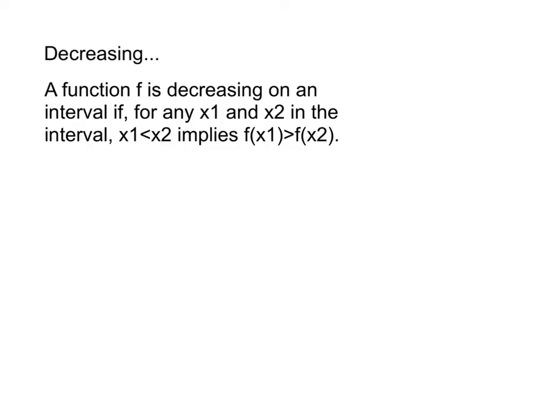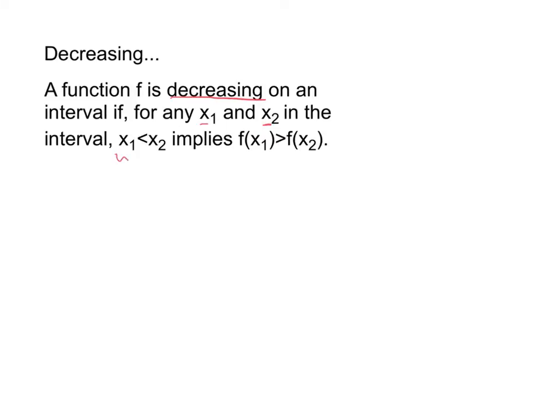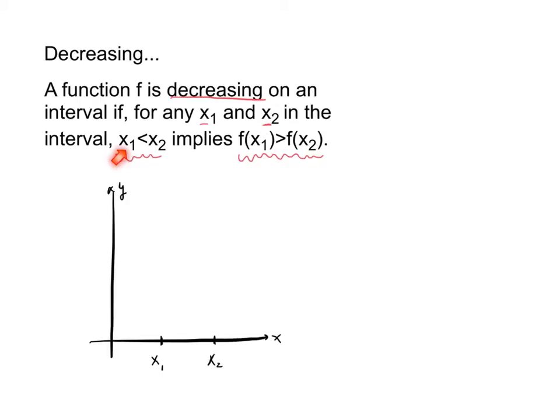A function f is decreasing on an interval if for any x1 and x2, if x1 is less than x2, then f of x1 is greater than f of x2. Let's see what that means on our graph. Here's an x1, here's an x2, such that x1 is less.